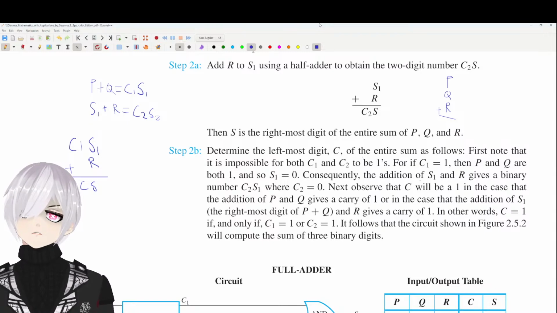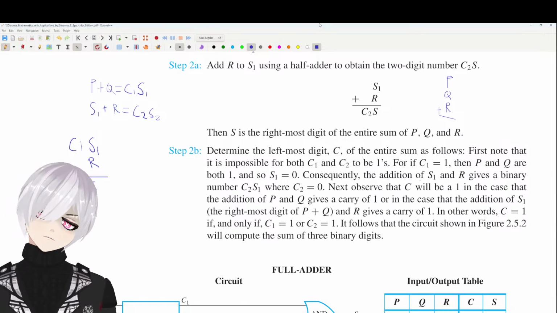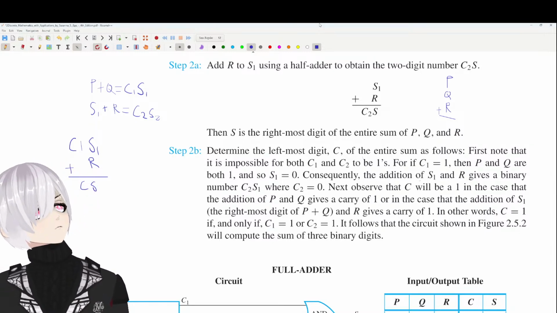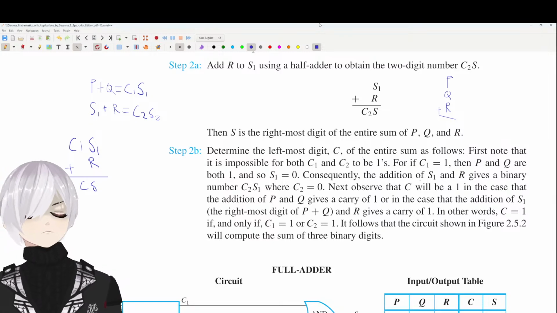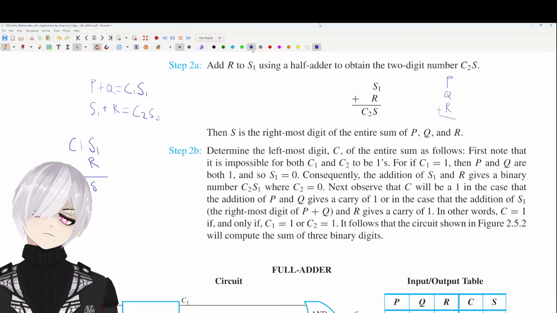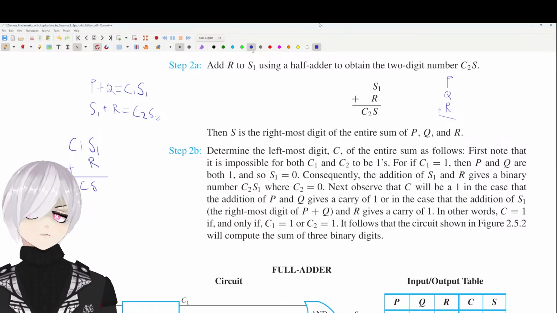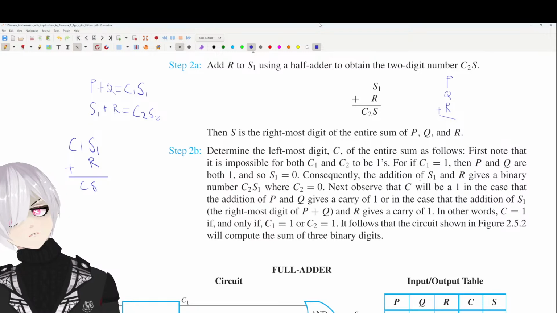Yeah, so you see why if C1 is 1, then C has got to be 1? Because C2 is going to be 0.